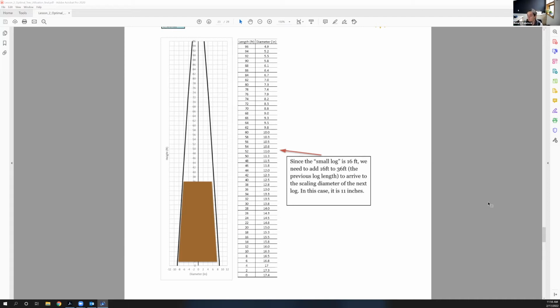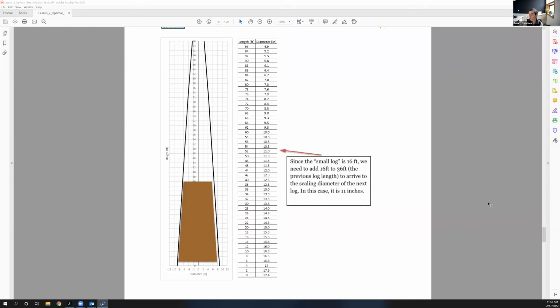However, we know that because of the small end diameter of 12 inches, if we go further up 36 feet, our small end diameter of the log would not make up for the specifications for a large log. So we will have to try with a small log, okay?